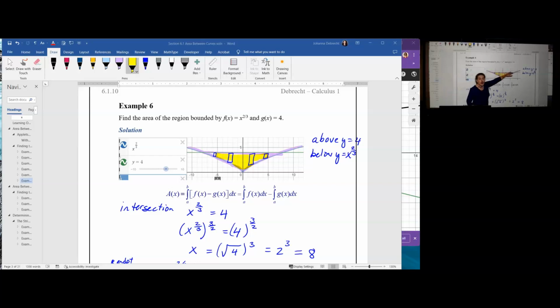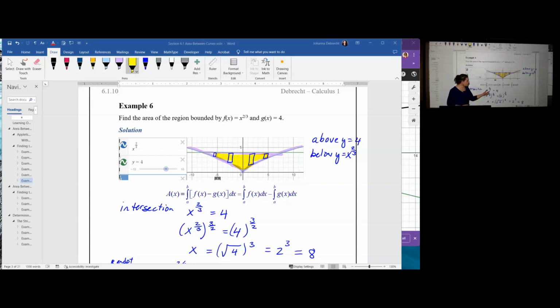The function on top is the horizontal line y = 4, and the function on the bottom is always y = x to the 2/3 power. In order to find the points where they intersect, I need to set the two equations equal to each other.